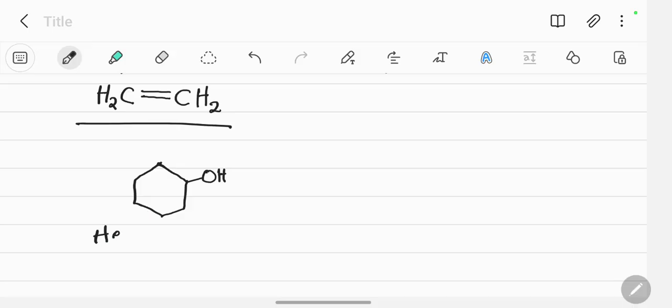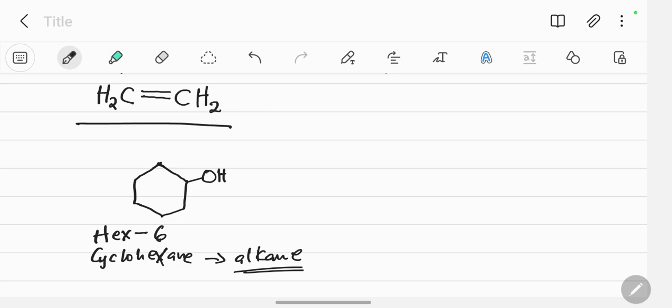Hex means 6. Cyclo, it's circular. So cyclohexane is the alkane.